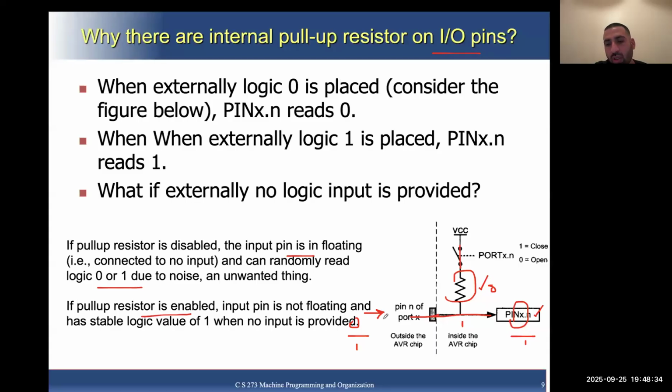Whenever we have an external input of 0, 0 overrides 1, and we will read 0 in PINB.n. Whenever the external input is 1, we will read 1 in the PINB.n bit. But when there is no external input placed on the pin, we will not have any random signal. We will always know that the value will be 1 whenever there is no external input.